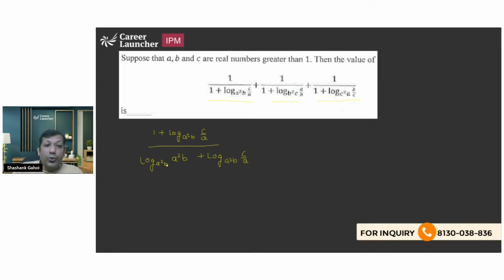Now I'm going to add it. You must know the formula that if you have log a plus log b and the base is the same, it can also be written as log of a into b.